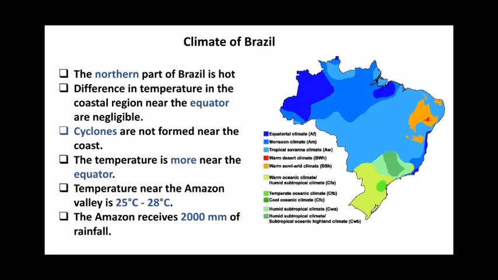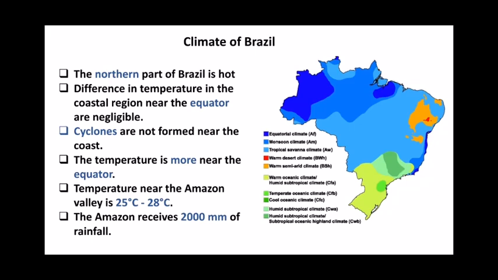In the coastal regions near the equator, differences in temperature are negligible. The winds move in the vertical direction, that is upwards.